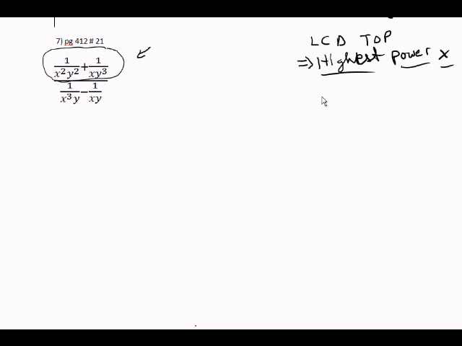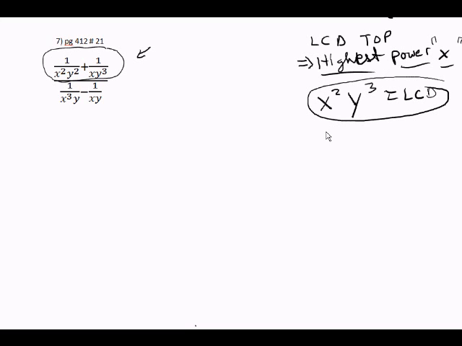When I look at this top part and just at the denominators, what's the highest power of x you see down there? Okay. Now, since we have more than one letter, what's the highest power of y? So this is our LCD, our lowest common denominator, x squared y cubed.